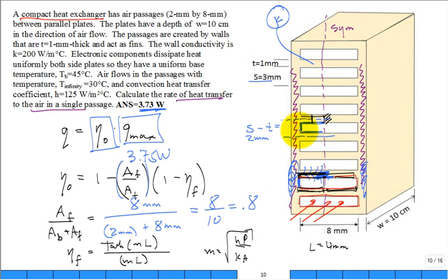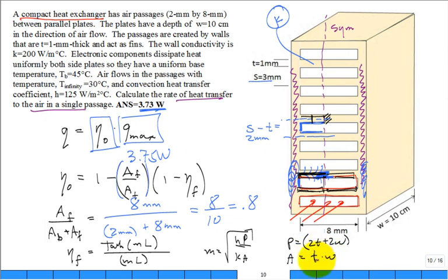So P is equal to 2t plus 2w for a rectangular fin. And what about my area? My area is the conduction area going out the fin. It's my t times w.